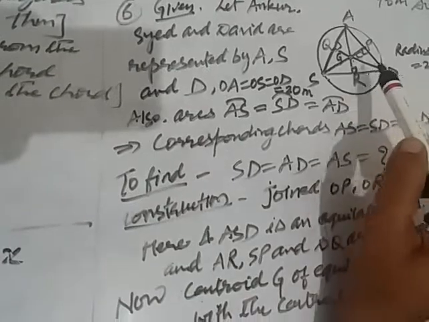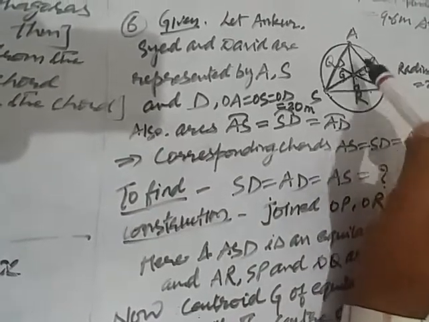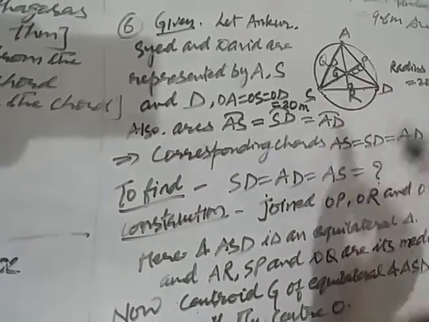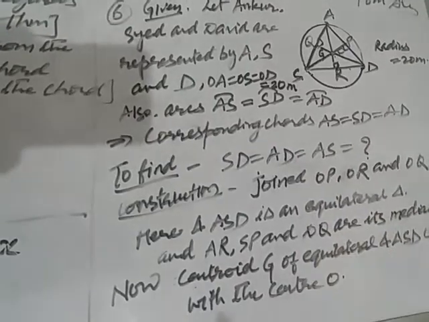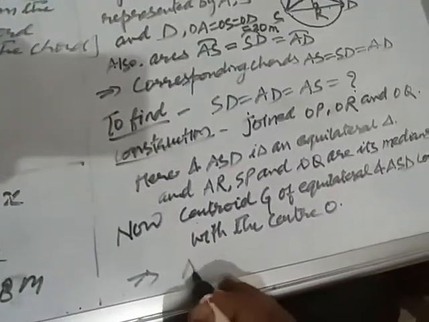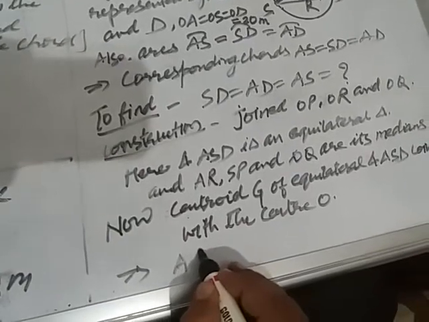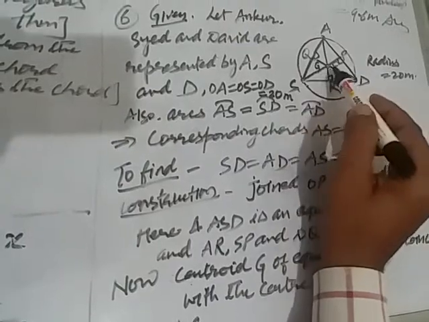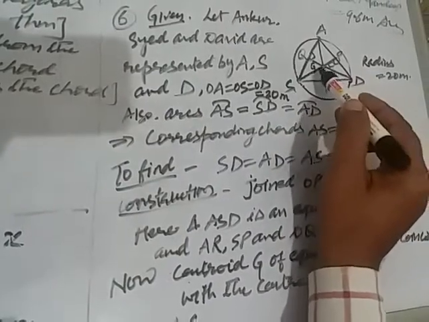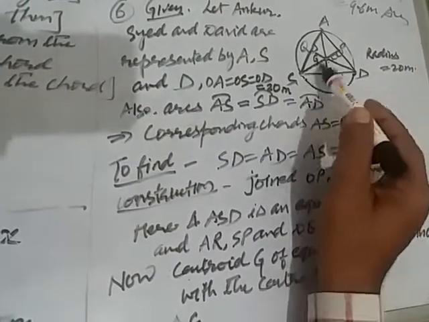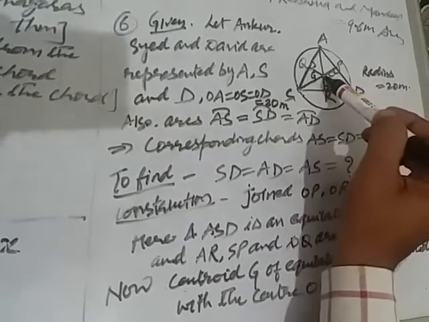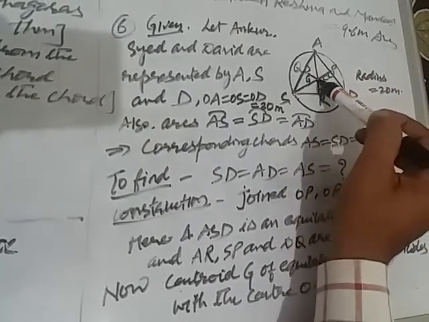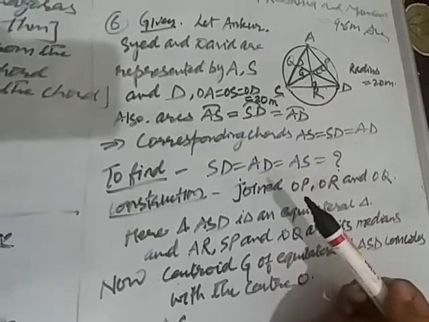AR, SP and DQ are the medians of the triangle. This implies that AG is nothing but the radius. Now G and O are both the same, so AG is 20 centimeter, SG is 20 centimeter and DG is 20 centimeter.